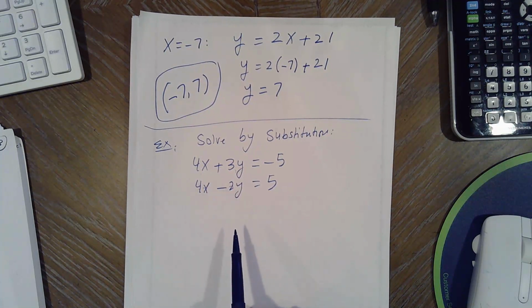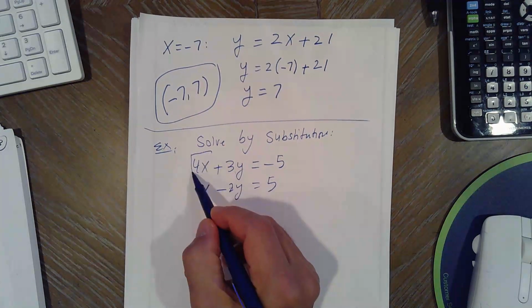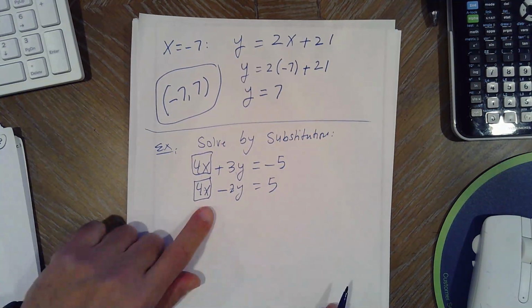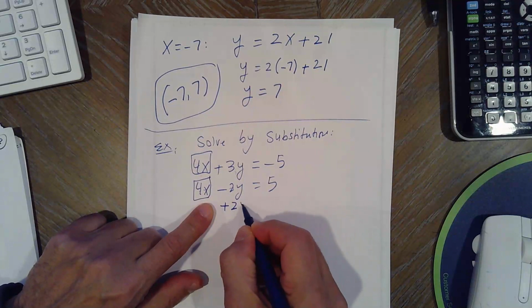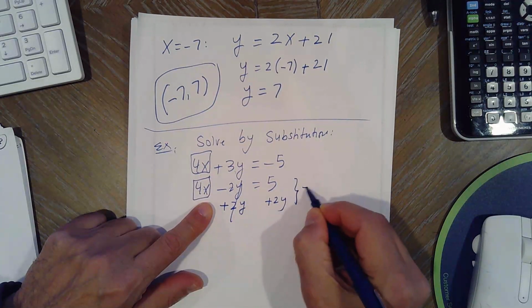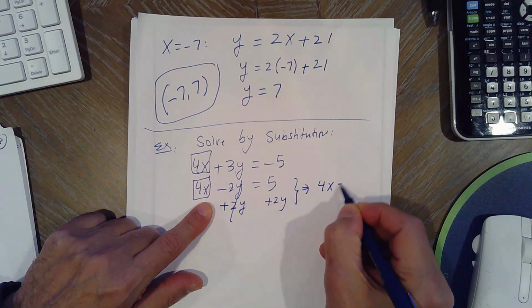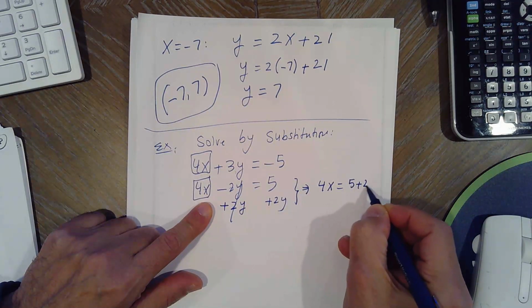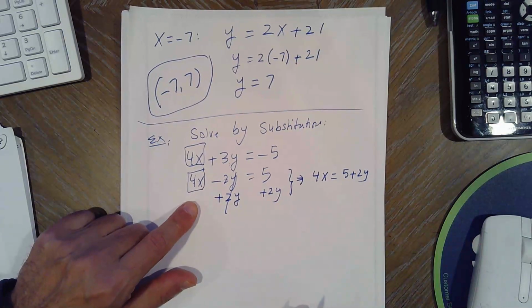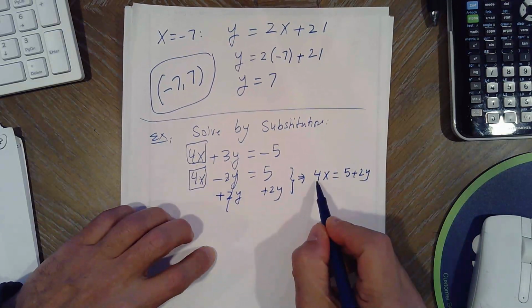But since we have 4x in both equations, we can isolate 4x. If you look at the second equation, adding 2y, you have 4x equals 5 plus 2y. If you divide by 4, you have a fraction, so we want to avoid that.